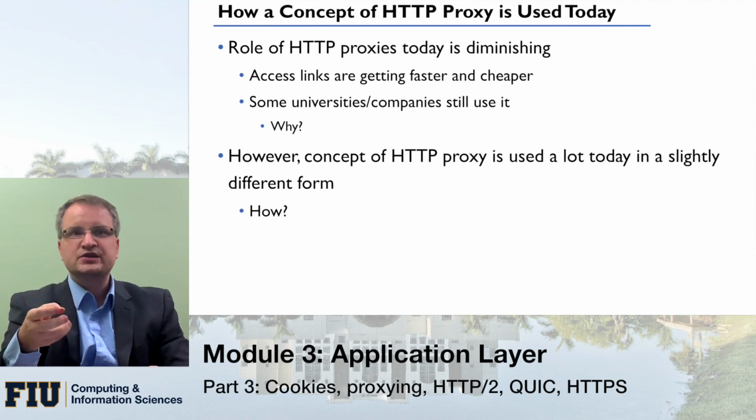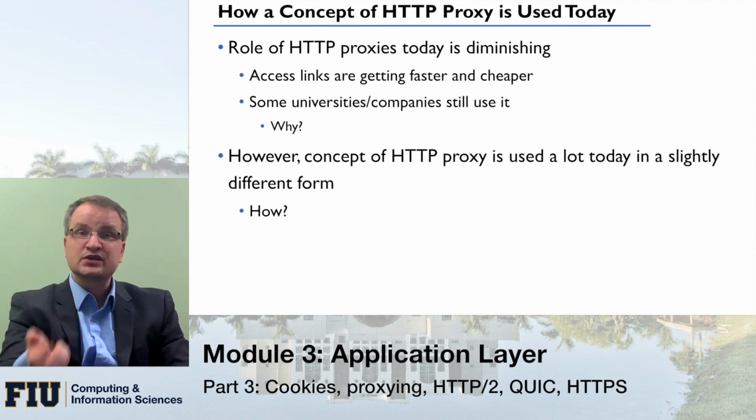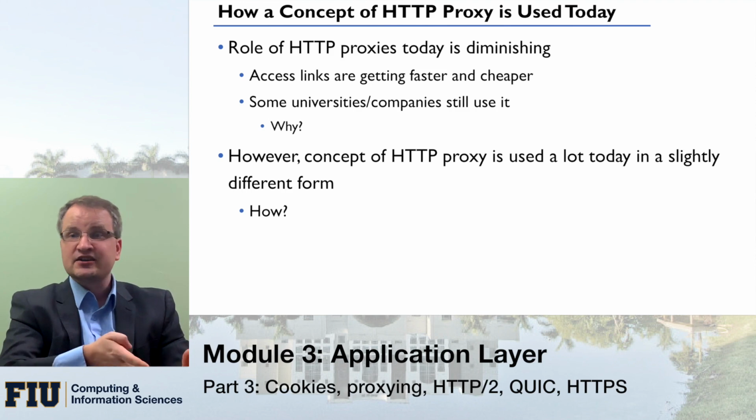To reiterate, proxies as they were defined, or used about 10 years ago, are not exactly the same today because of the use of HTTPS. That's one of the primary reasons. And in general, the links are getting faster, so we're not getting stuck inside institutional networks.